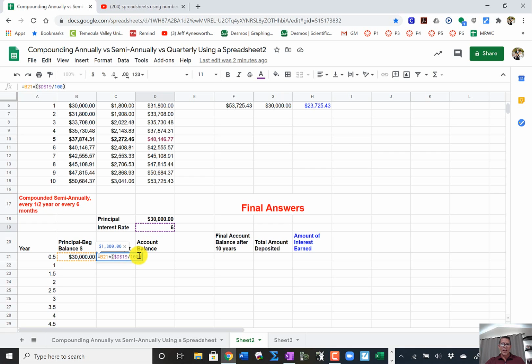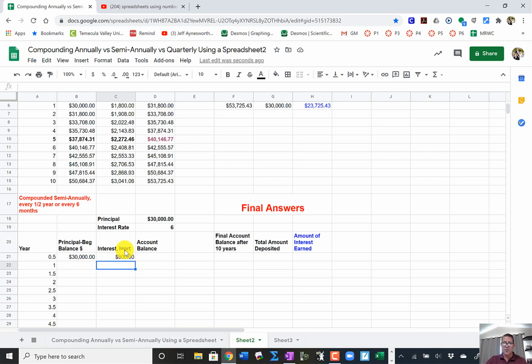And then I multiply it by the length of time, which is half a year, or 0.5. So I go times 0.5. And that's my amount of money, or the interest, calculated after half a year.